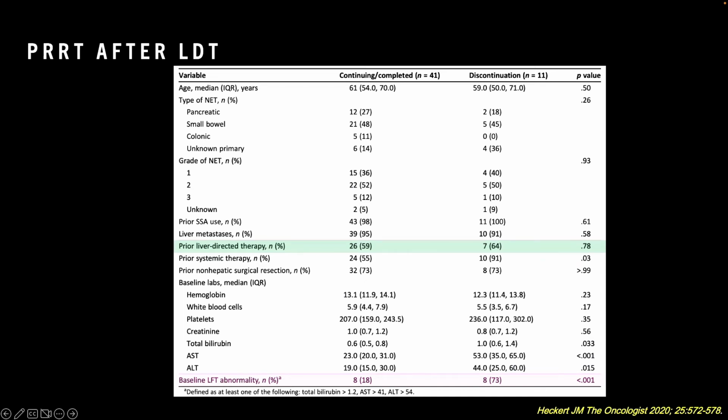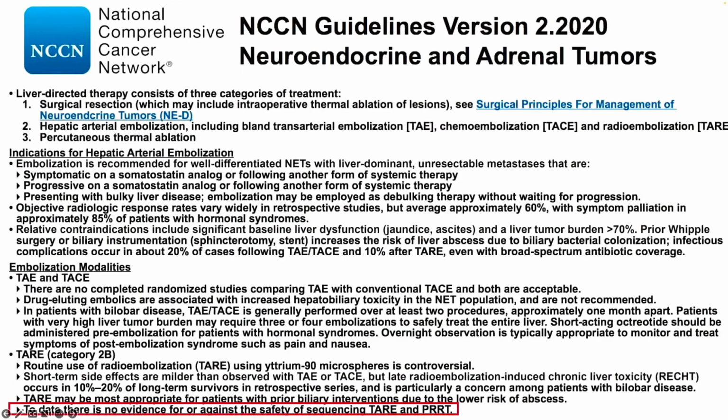Okay, if your liver's not functioning and then we combine two therapies, not good. But if your liver's doing okay and we combine those therapies, you're probably going to be okay. So this just shows you that the green line says prior liver-directed therapy did not portend a worse prognosis for PRRT. But what did was that pink line on the bottom, if you already had problems with liver function, so your liver wasn't working as well as it should be.